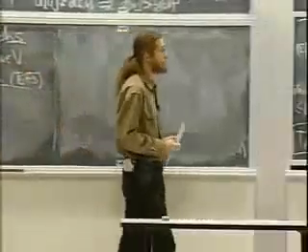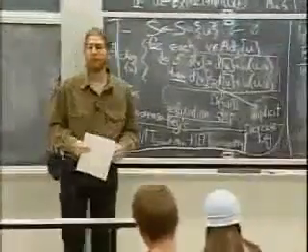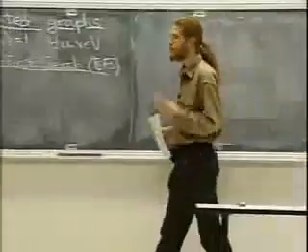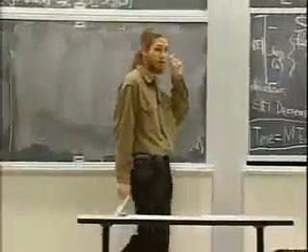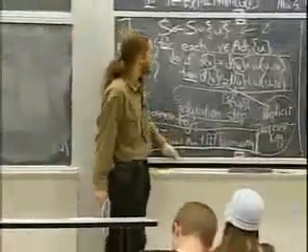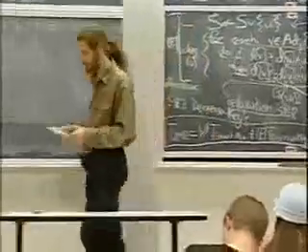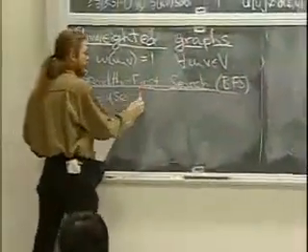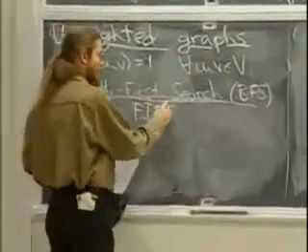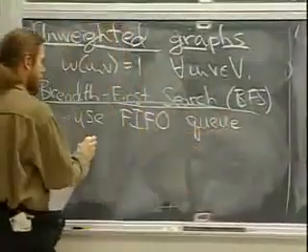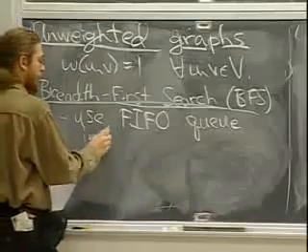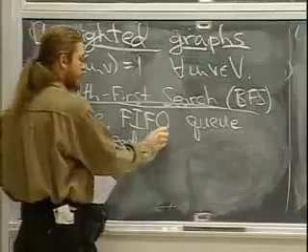Breadth first search is actually Dijkstra's algorithm. Kind of nifty. There are two changes. The first change is that breadth first search does not use a priority queue. I'll just tell you what it uses instead. You can use a queue, a first in, first out, honest to goodness queue, instead of a priority queue.